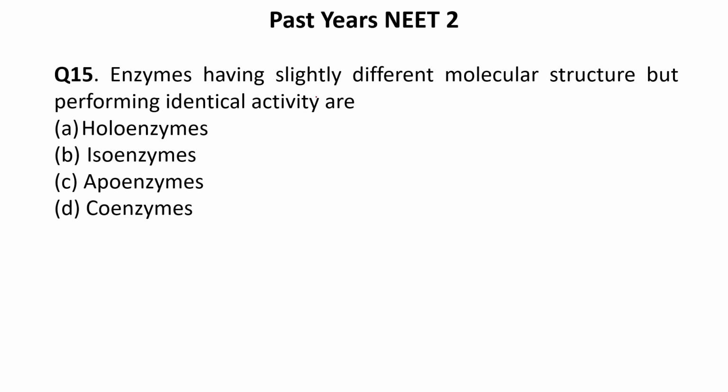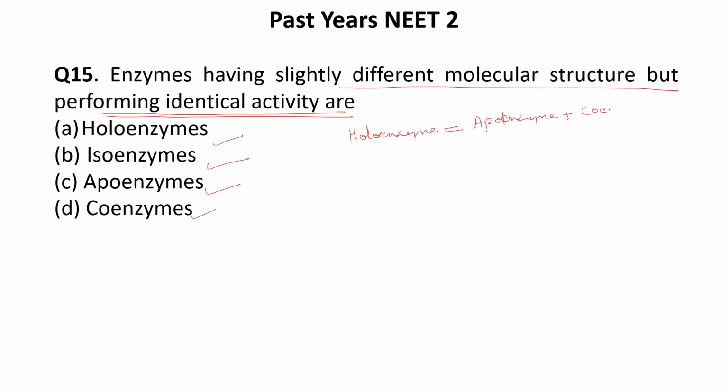Next, an enzyme having slightly different molecular structure but performing identical activity: holoenzyme, isoenzyme, apoenzyme, or coenzyme. Now, holoenzyme is equal to apoenzyme plus coenzyme.